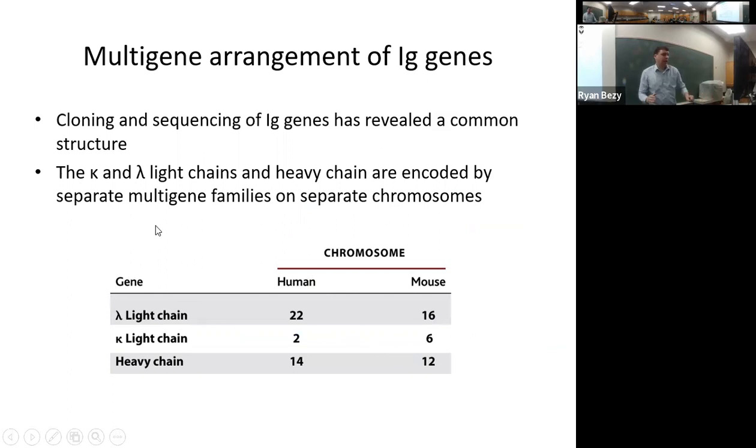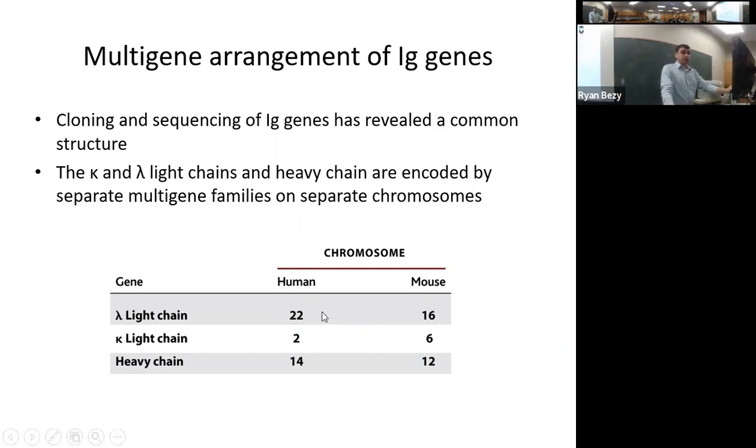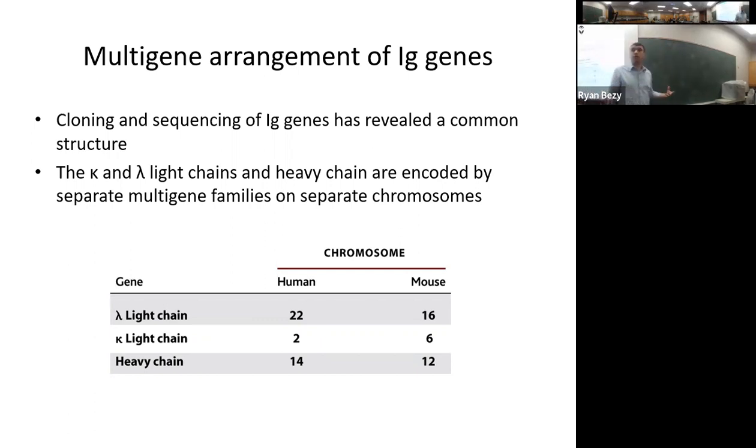Now, let's look at the genes that code for the lambda light chain, kappa light chain, or the heavy chains. Lambda light chain genes are on human chromosome number 22, kappa light chain genes are on human chromosome number 2, and heavy chains are on human chromosome number 14. So they are on different chromosomes, separate from one another.